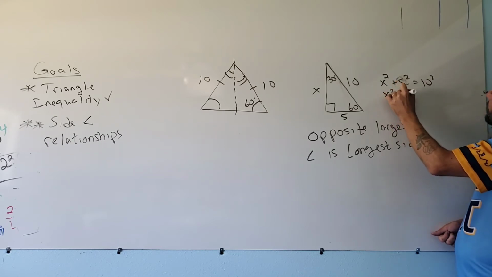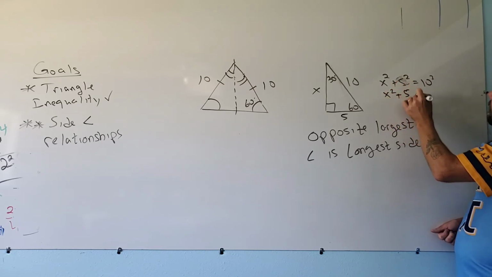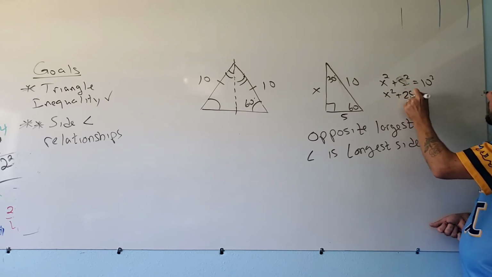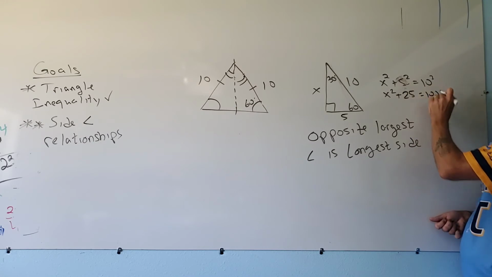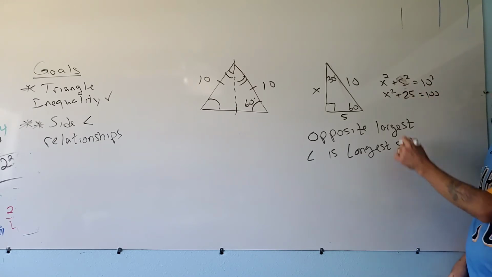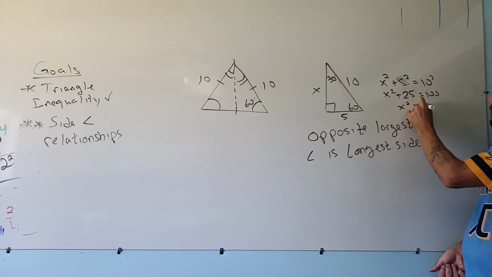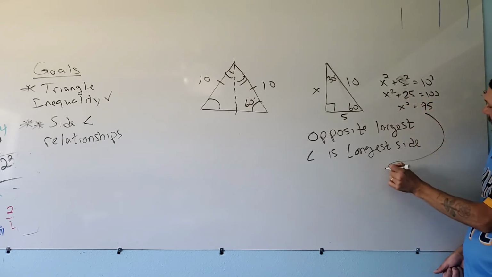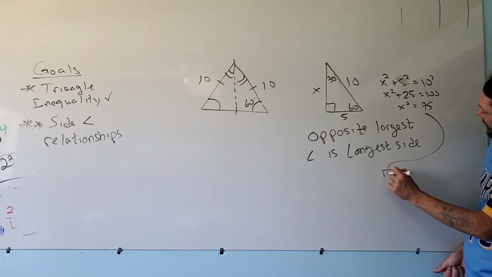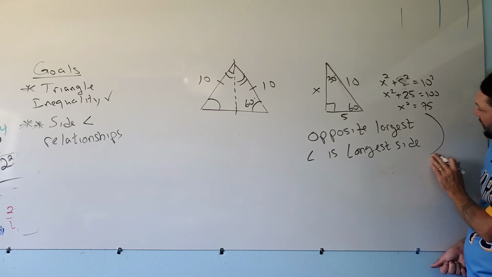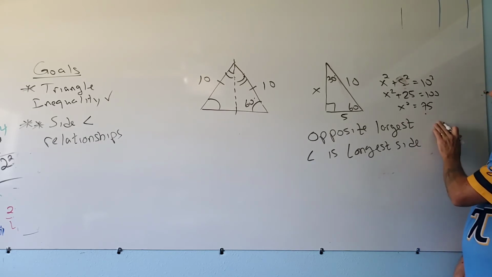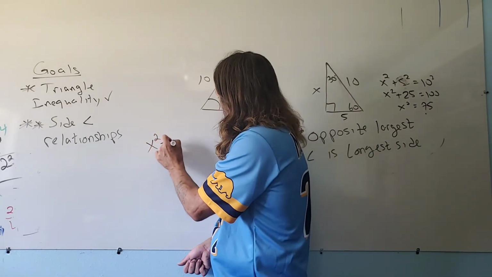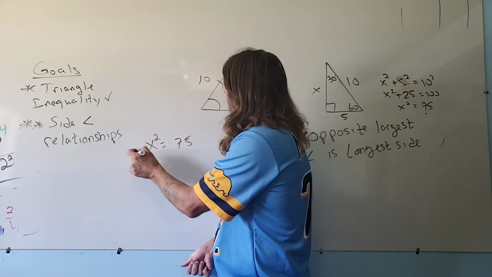So I get x squared plus 5 squared, plus my 25 equals 100. And so I subtract, which means I get x squared equals 75.